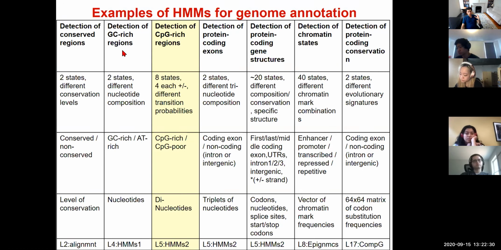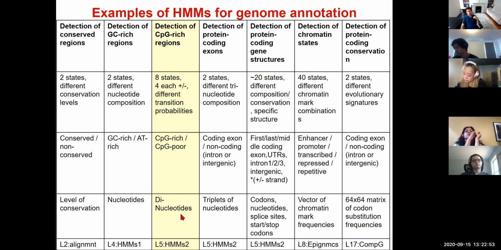So the first example of an HMM was really a toy example. It was only 2 states, a very simple emission vector of only 4 characters, and very simple transitions between them. That was 2 states capturing the different nucleotide compositions, GC rich versus AT rich, and then it was emitting individual nucleotides.